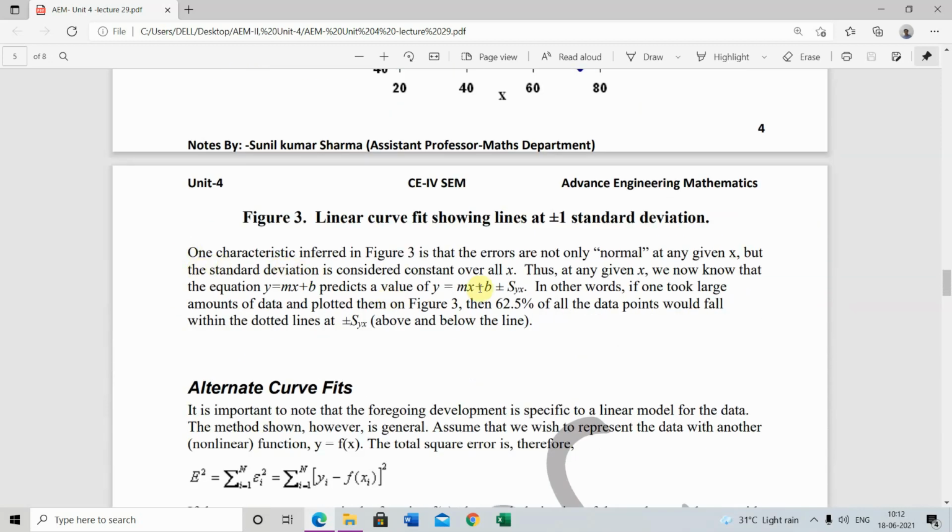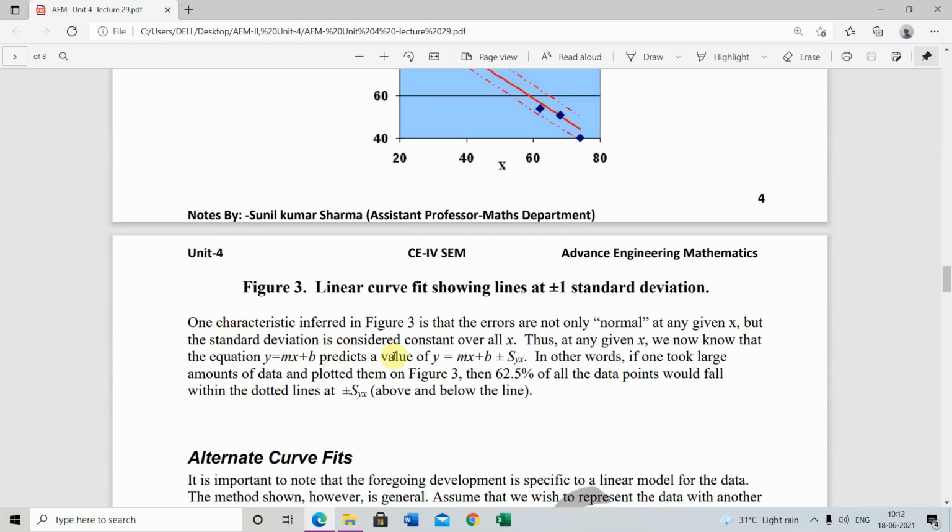One characteristic inferred in the figure is that errors are not only normal at any given x, but the standard deviation is considered constant over all x. Thus, at any given x, we now know that the equation y equals mx plus b predicts a value of y equals mx plus b plus or minus s y by x.